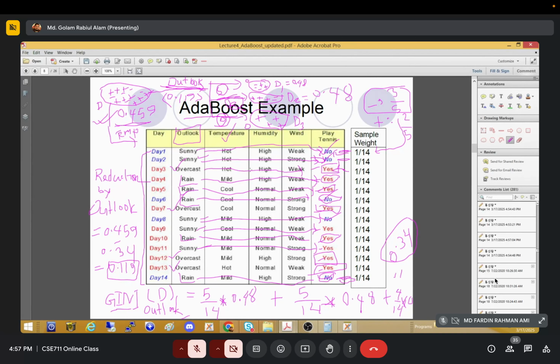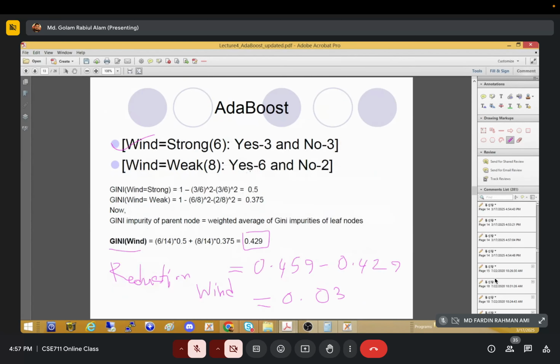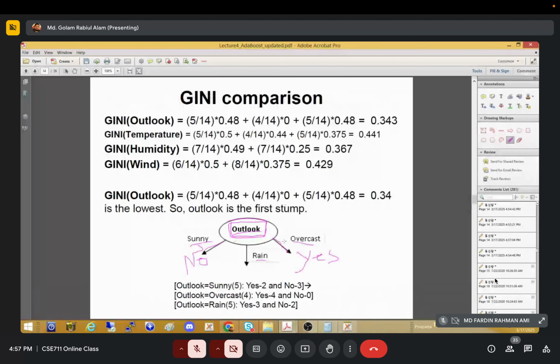So in that case, if outlook equals rain, then it will be yes, because the probability of yes, or positive, is higher than the probability of negative.